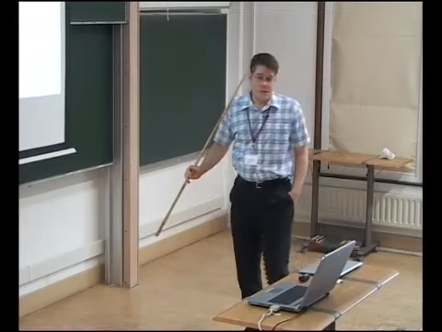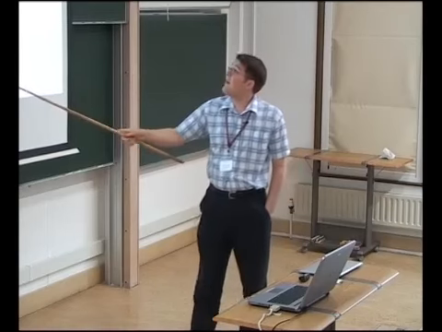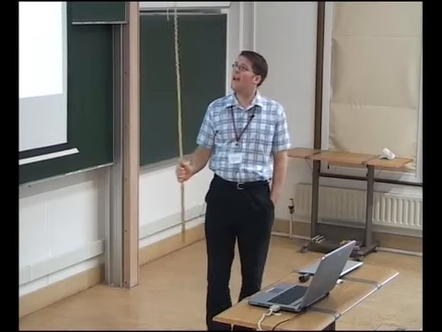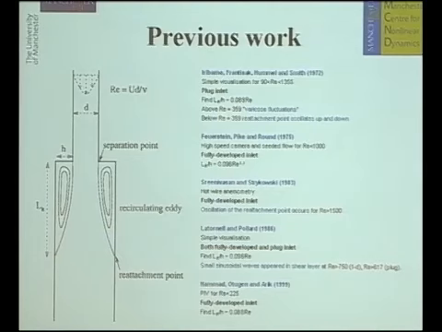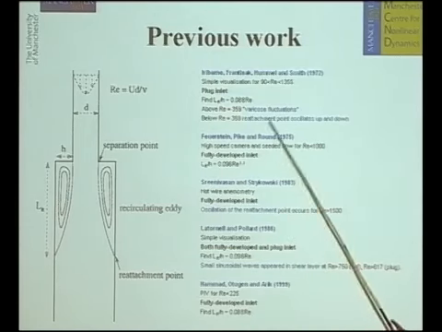It sounds rather quite exciting. If you go below 359, you actually find your reattachment point moves up and down as well. In fact, they never find a regime of laminar flow down here. They never find a case of no instability, I guess, until they turn their experiments off.